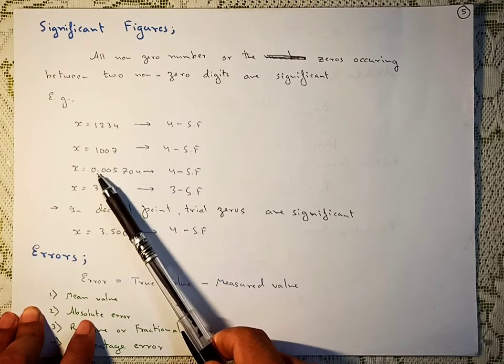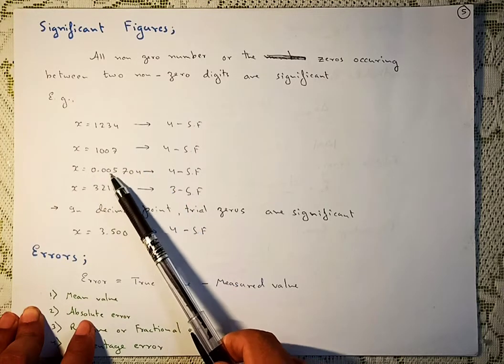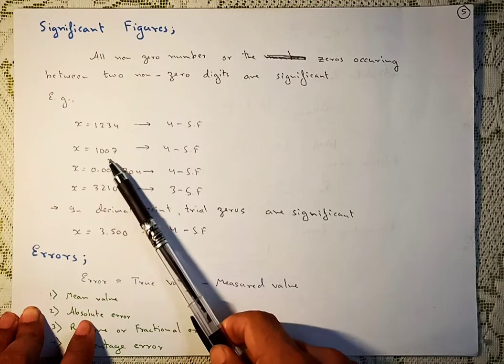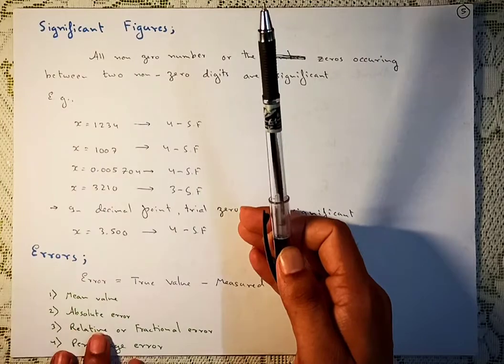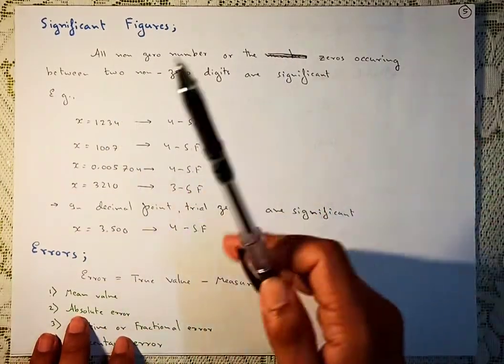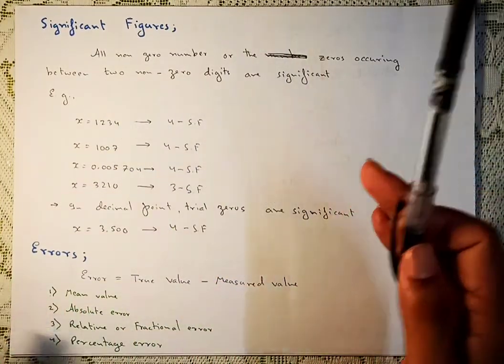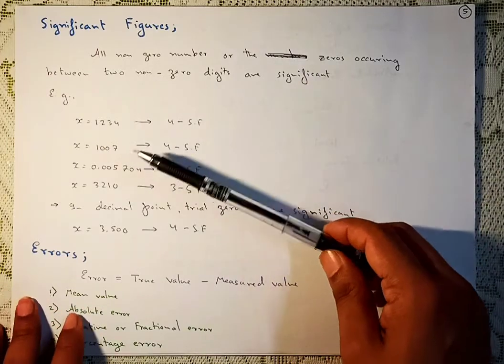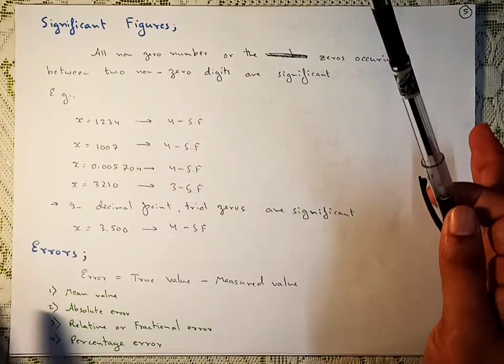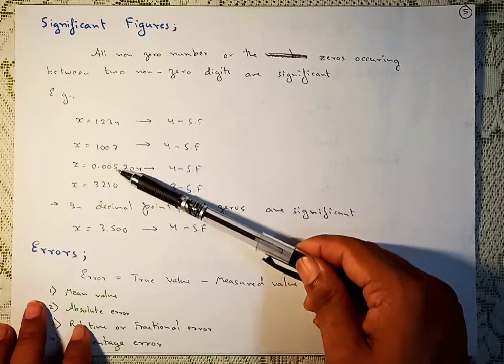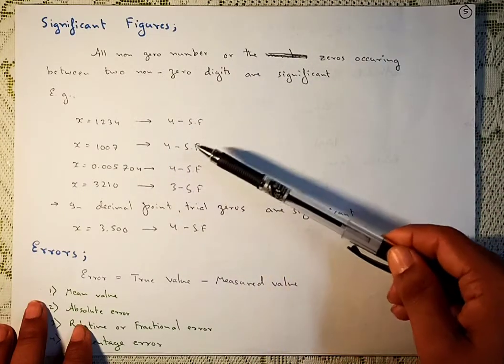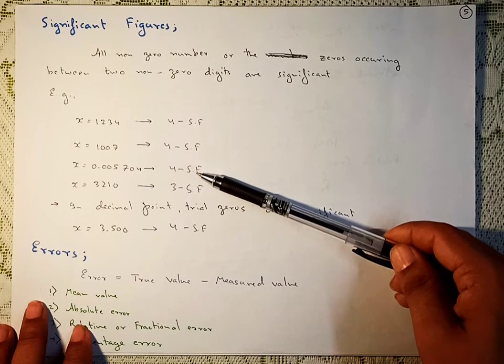Here this 0.00 are non-significant. Any zeros occurring to the right or any zeros occurring to the left without being in between the numbers, those are insignificant numbers. Therefore, you take only this 4 into consideration and it becomes 4 significant figures.